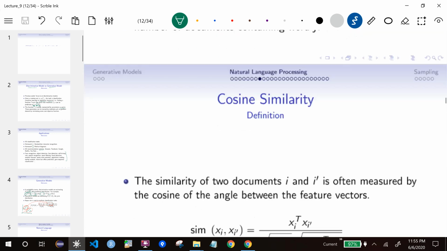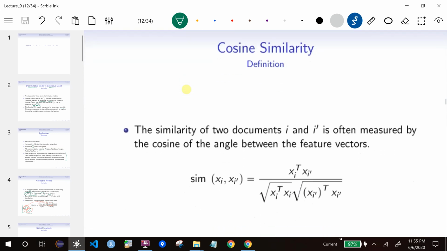Okay, so before I stop, I will talk about something else, which is how to measure if two documents are similar. We didn't have this for images, but here we have this definition of similarity, usually called the cosine similarity, defined like this. You have two feature vectors.